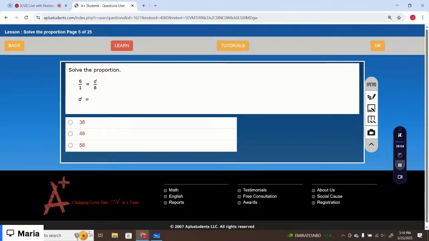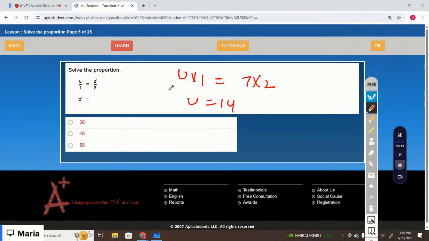D over 1 equals 6 over 8, which is the correct option. Just cross multiply and find the value of D. So that is 6 times 8 equals D times 1. So 6 times 8 is 48 and D times 1 is D. So that is D equals 48.